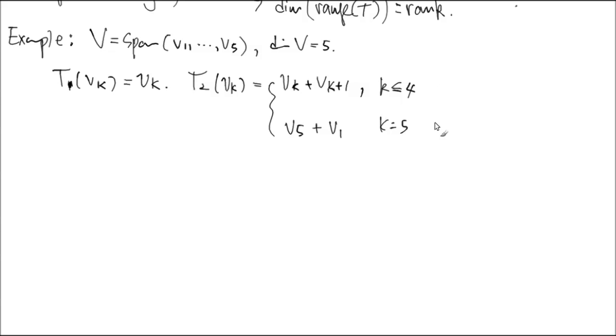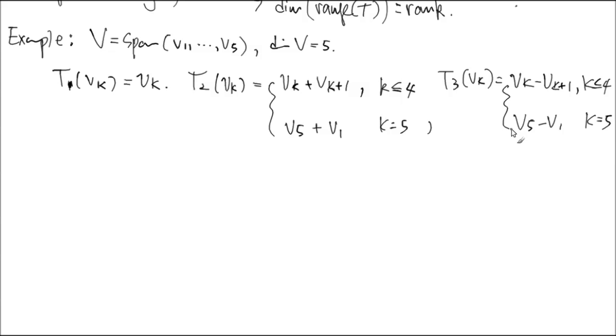How about T3? I'm going to do a similar thing, but this time VK minus VK plus 1 if K is less than or equal to 4. And if K is 5, I'm going to do the similar thing, just opposite sign. So I have 3 linear maps. Let me ask a silly question. Why are T1, T2, T3 linear?